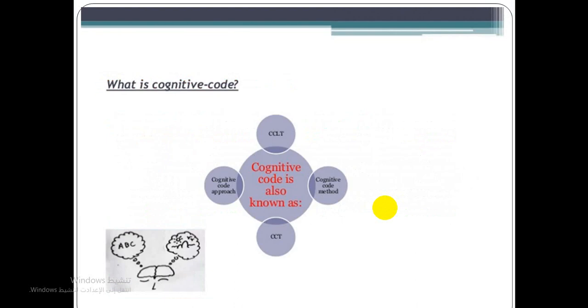Yes. What is cognitive code? The cognitive approach began to revolutionize psychology in the late 1950s and early 1960s to become a dominant approach. This approach is a relatively modern approach to human behavior.